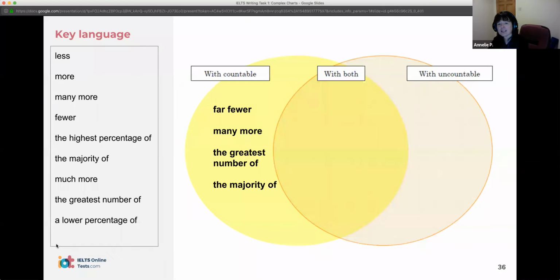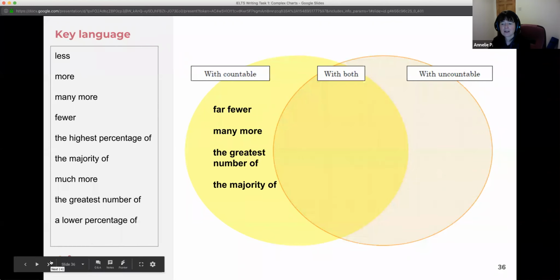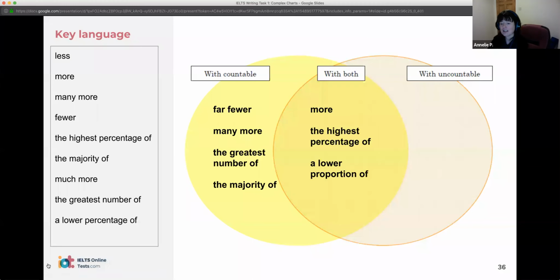Okay, yeah, Altanai, percentage. Okay, yeah, the highest percentage. Anything else? Okay, we've already used majority, remember? Let's have a look. Okay, so more, as Patricia said, that's good. Percentage and proportion, you can use with both. Okay, so they're fine in all cases.